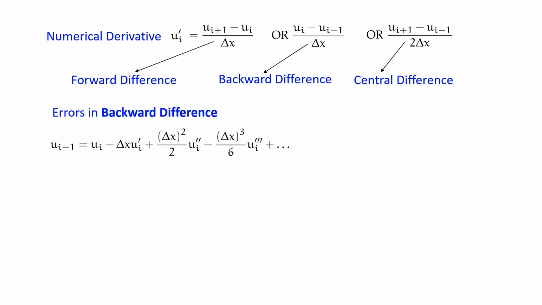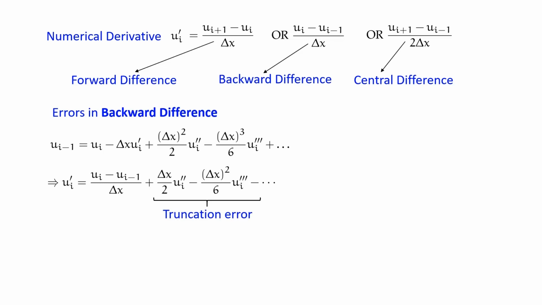Similar procedure we can apply for backward difference. Here u i minus 1 is equal to u i minus delta x u i prime plus delta x square by 2 u i double prime, etc. And then I can take u i prime on the left hand side, and then u i prime equals u i minus 1 by delta x plus certain terms.